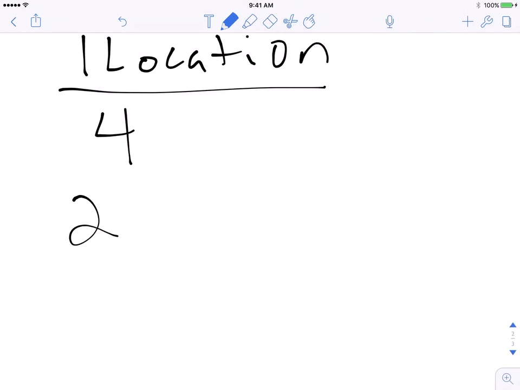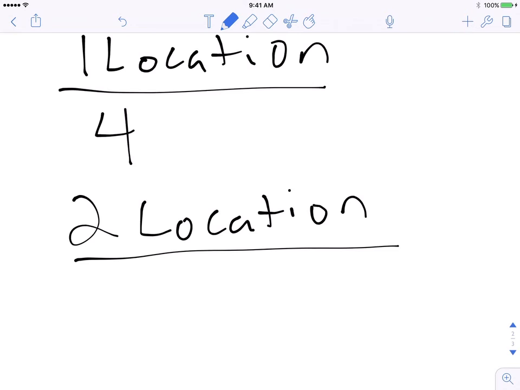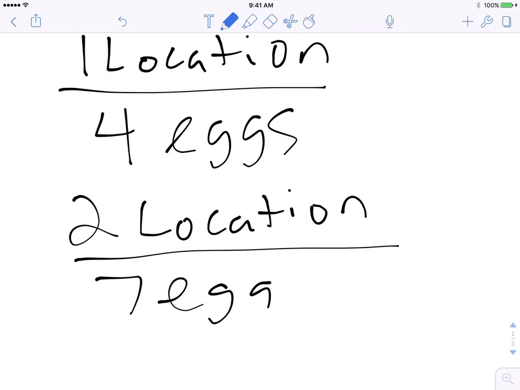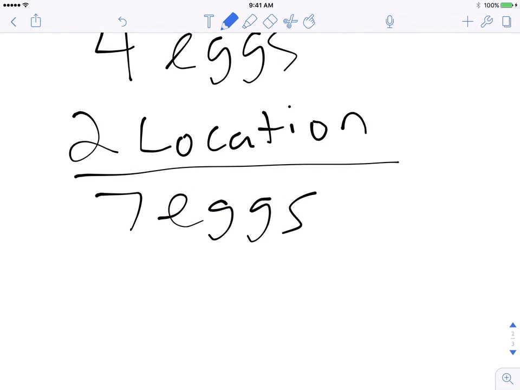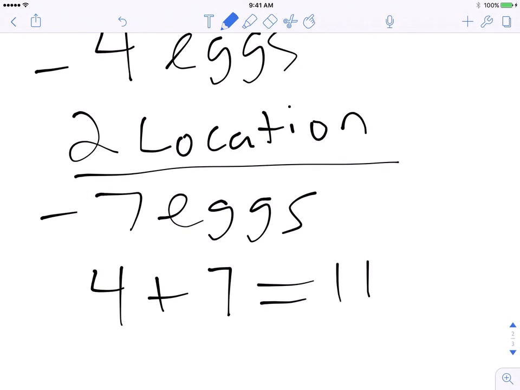Then you have a second location where you have 7 eggs. Will this be enough to make the dozen? Well, how can we figure that out? By adding. Is that going to be enough? No, because that's not 12. 12 is 1 dozen. So we're going to have to tell the customer that we do not have enough for the dozen.